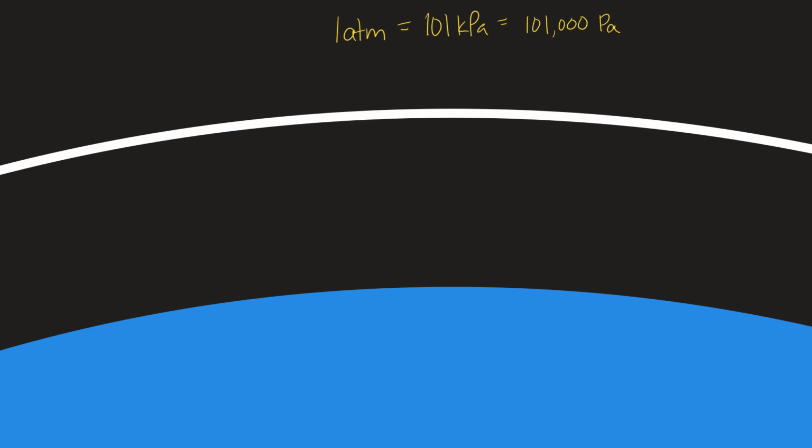How much force is there from the air on the table? I mean, if pressure equals force divided by area, the force on the table from the air should be equal to the air pressure times the area of the table.